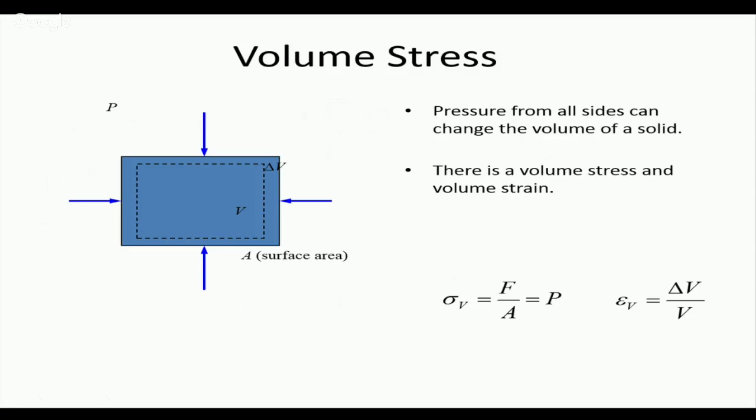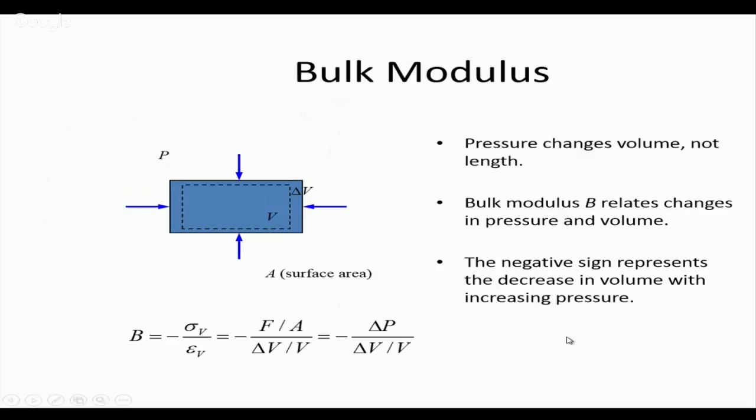Volume stress and strain can be calculated as shown in the formula. Bulk modulus is volume stress divided by volume strain. These are situations where there is internal or external pressure, and the body is subject to change in volume.